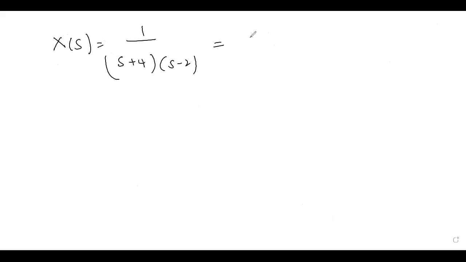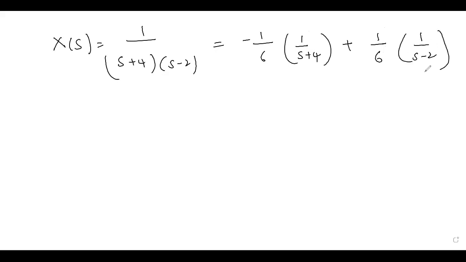What was the A value we got? Minus 1 by 6. Yes, minus 1 by 6 into 1 by (s plus 4). The B value is 1 by 6 into 1 by (s minus 2).